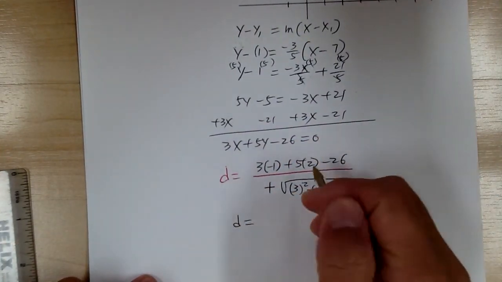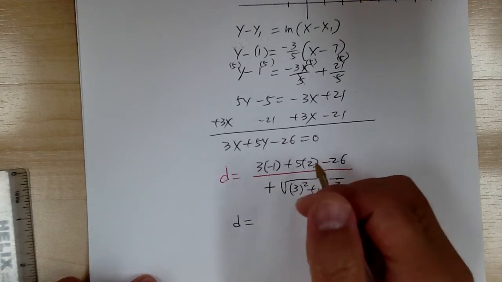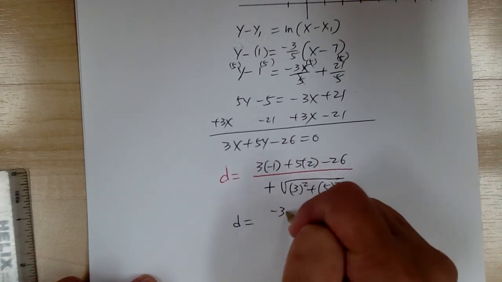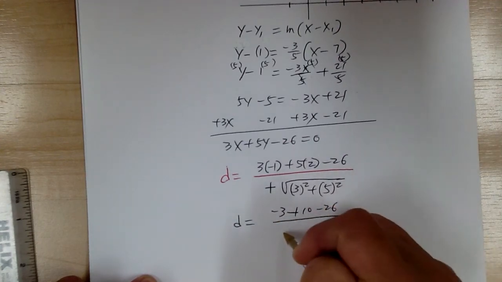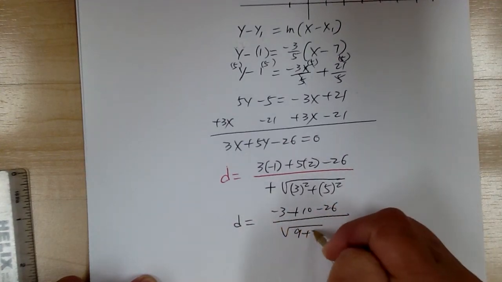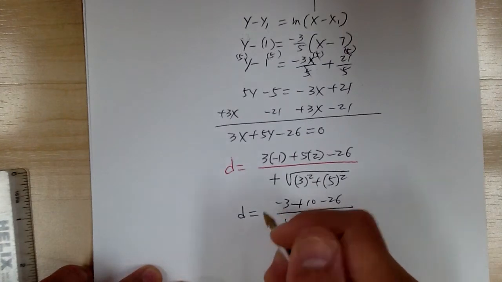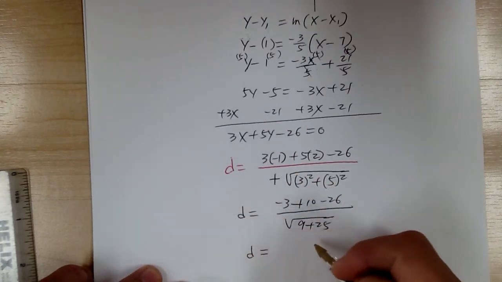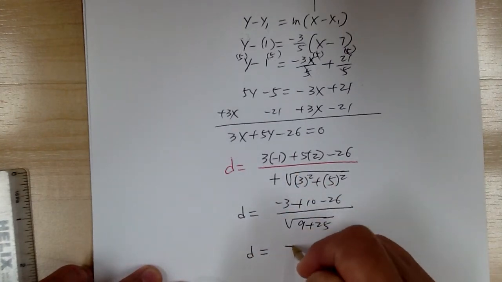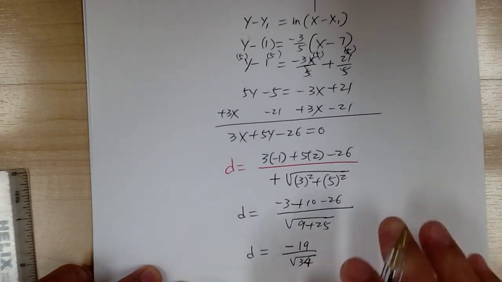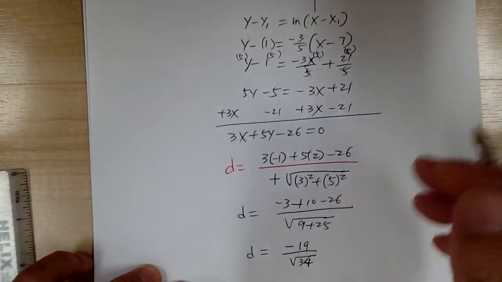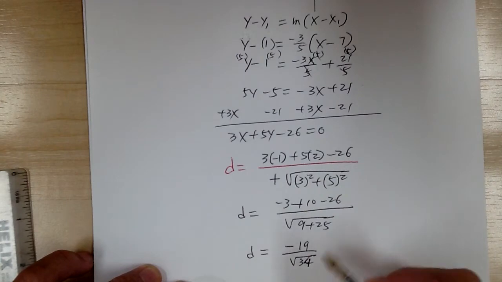So the distance will equal negative 3 plus 10 minus 26 over square root of 9 plus 25. So the distance will equal negative 19 over square root of 34. Now I'm not going to simplify yet. I'll leave it for now because this is not the final answer.